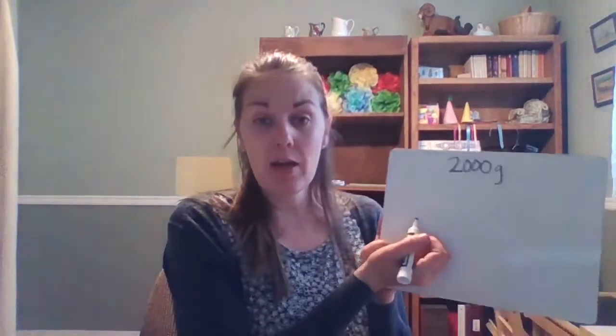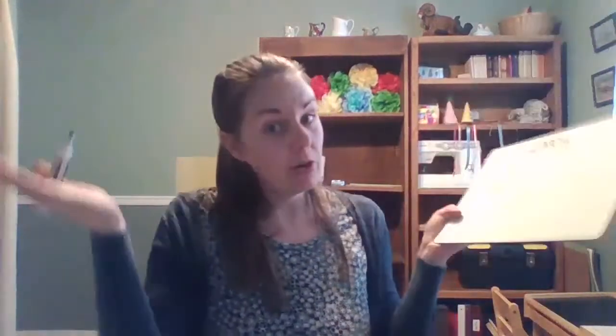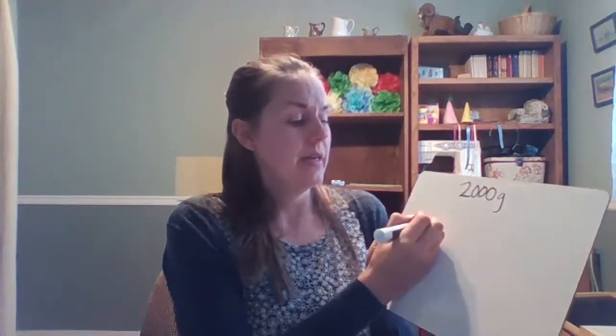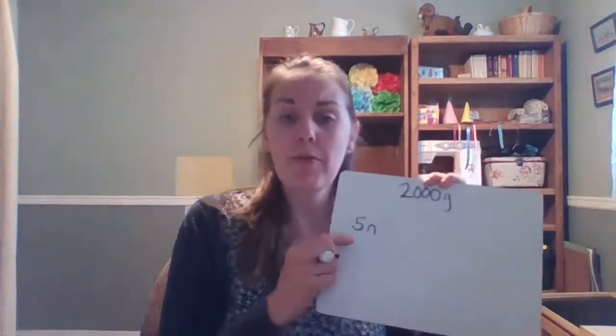So now we can go ahead and start setting up our equation. Remember, your equation is like a balance. I have a certain number of quarters that all weigh about 5 grams.